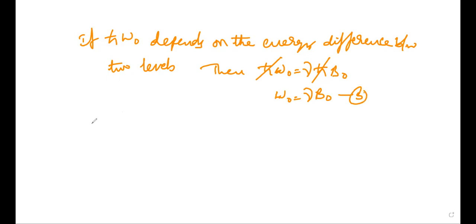So here is the splitting of lines, there is 1 and that is 2.